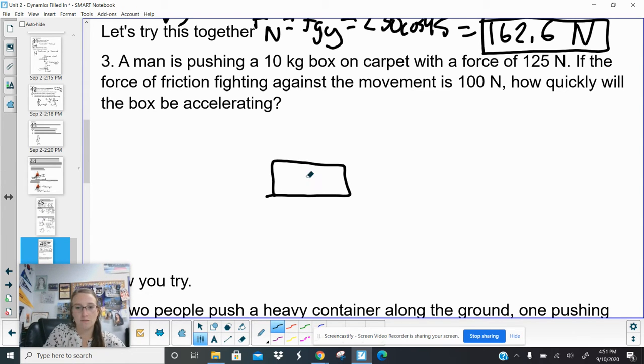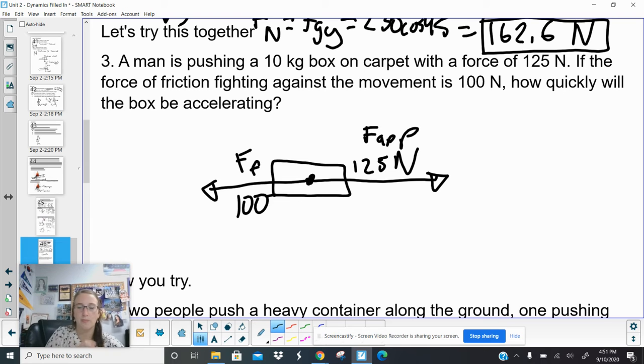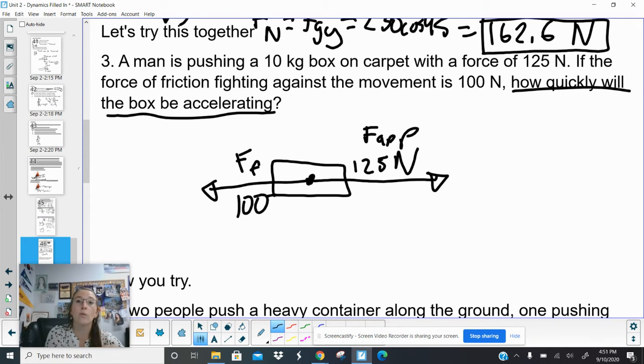It doesn't matter which direction, but I'm going to go ahead and say pushing it this way with the force of 125 newtons. Friction is fighting against it. This is going to be the force applied. Friction is fighting against it at 100 newtons. The question is, how quickly will the box be accelerating? Well, we have a formula where we have A, F equals ma.